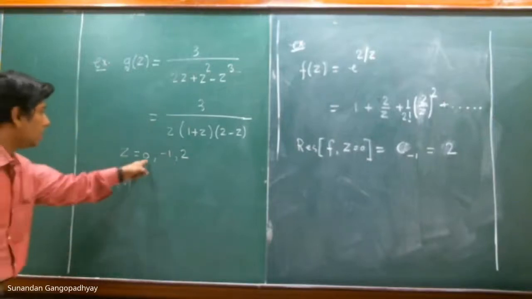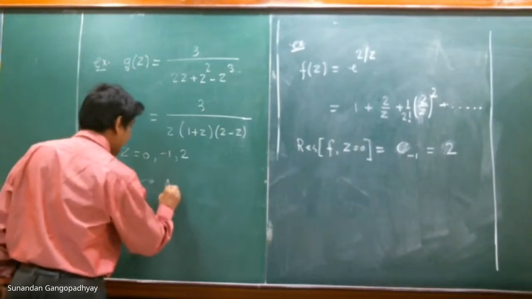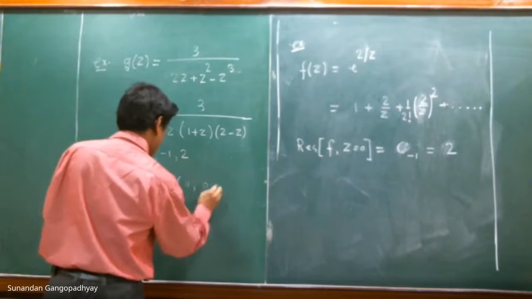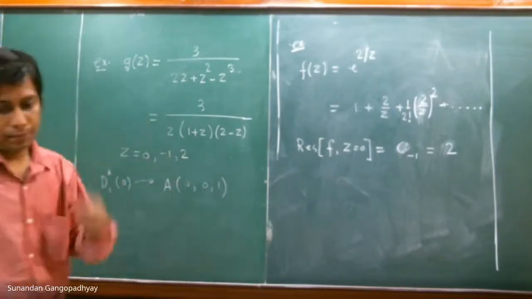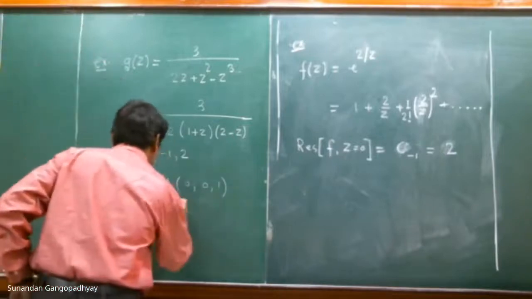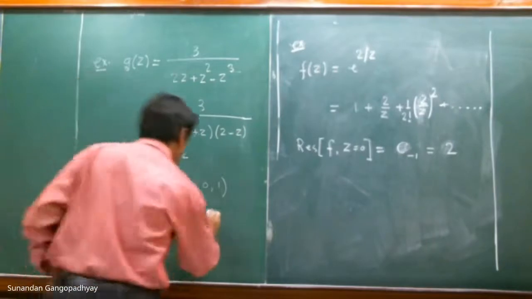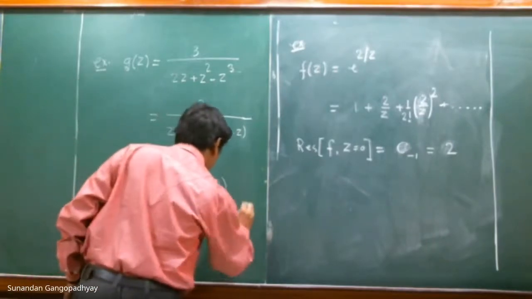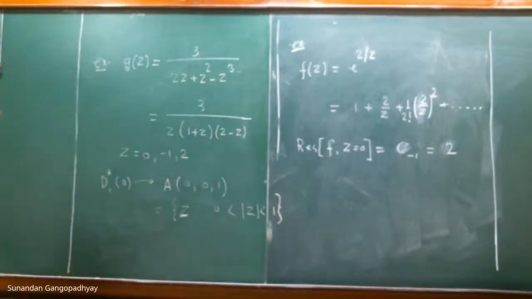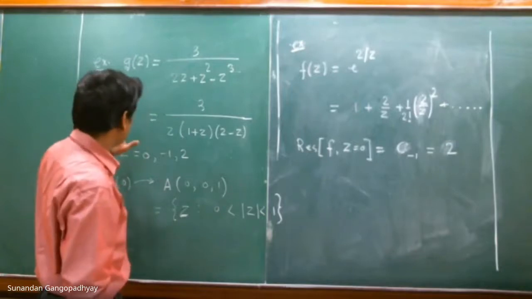So I'm taking this point 0 out. So this is basically the same as the annulus, which is nothing but the set of points z such that... So the problem that we are going to solve is this.